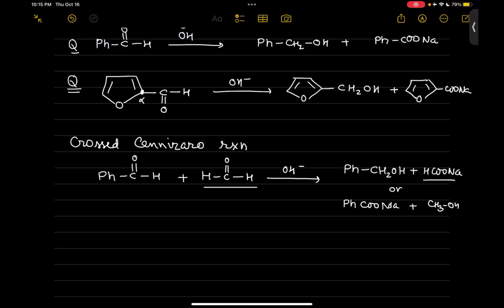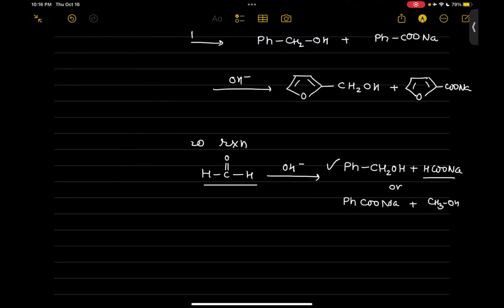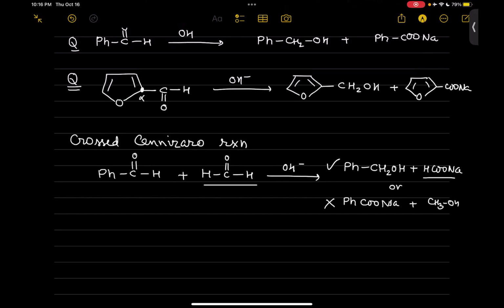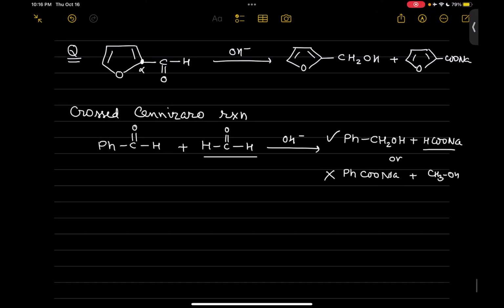So the first option is the right and the second option is incorrect. Clear? So always the formaldehyde molecule will get oxidized, right? If you have formaldehyde, the formaldehyde molecule will get oxidized.